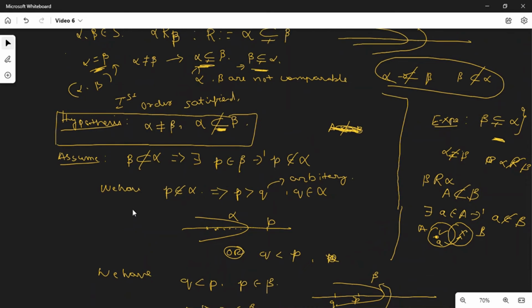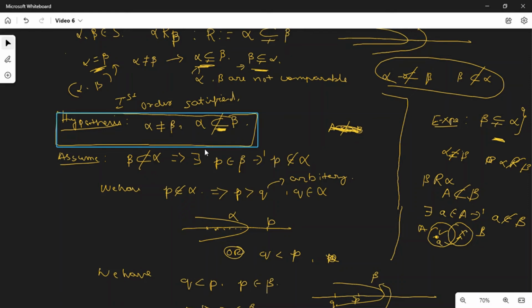See, we took two cases. We took this case, alpha is not equal to beta and alpha is not a subset of beta.